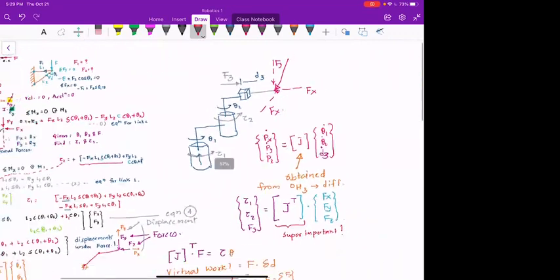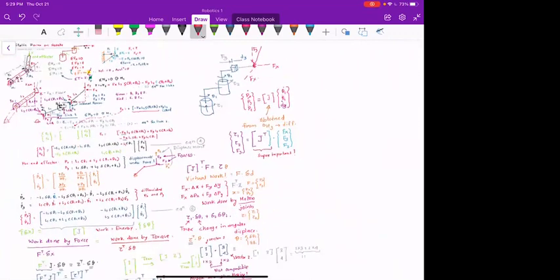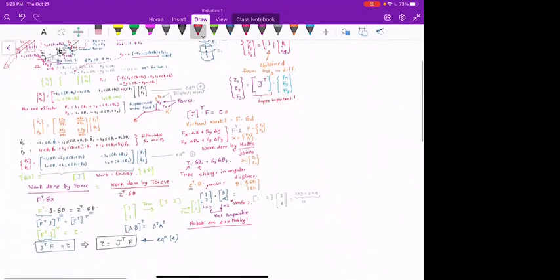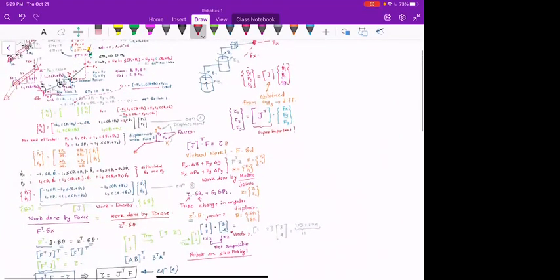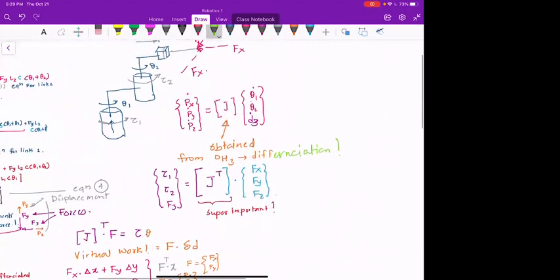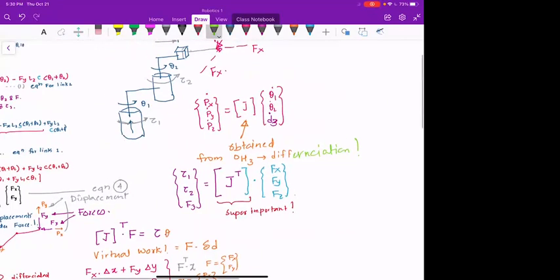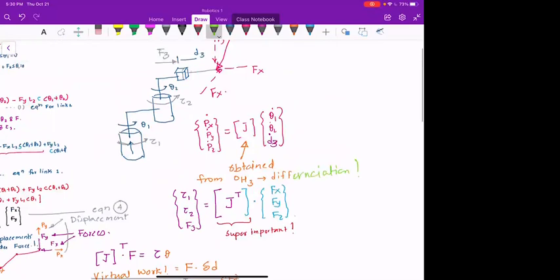So diff means the differentiation. Where did I write this down? Okay, so this is the differentiation. Okay, the just last part, right?